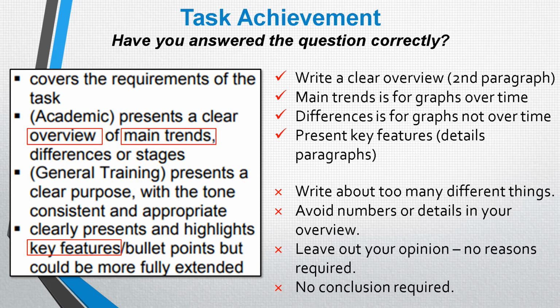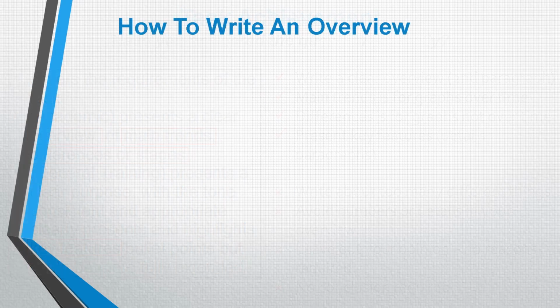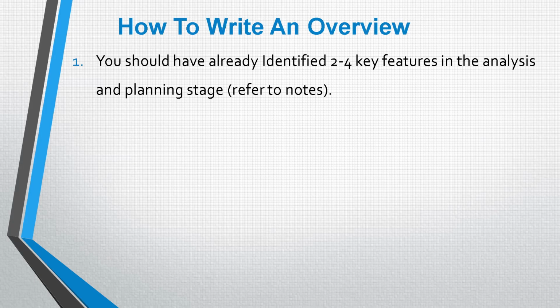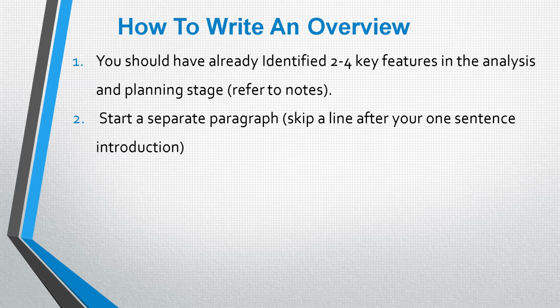Okay, let's look at what we need to do to write our overview paragraph. So here's how to write an effective overview. Now you're going to use the 2 to 4 key features you've already identified in the analysis and planning stage. So you'll be able to look back at your bullet points. You should already have written your 1-sentence introduction.